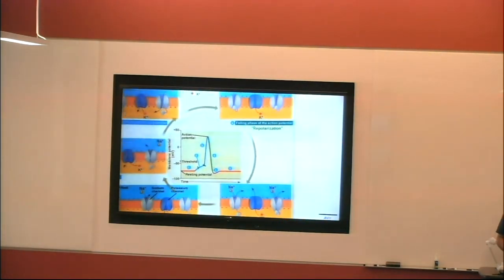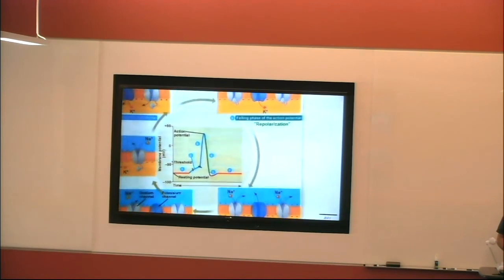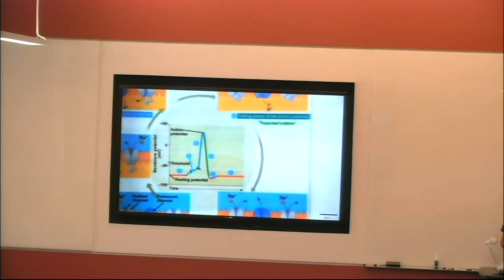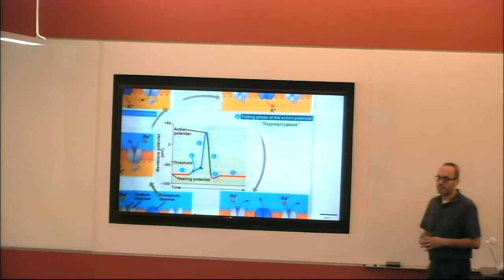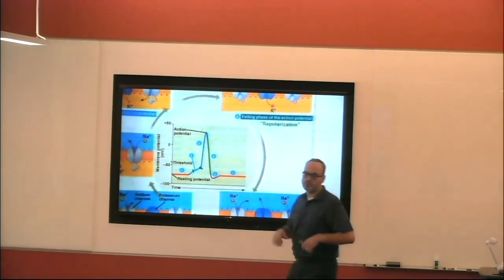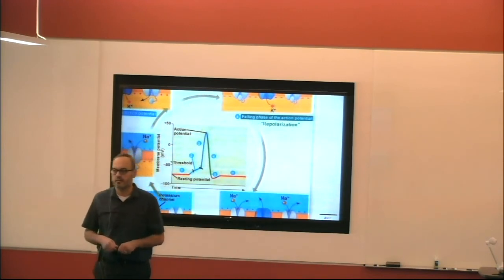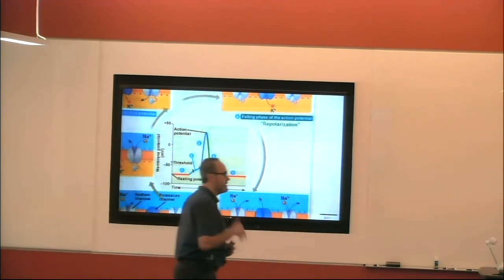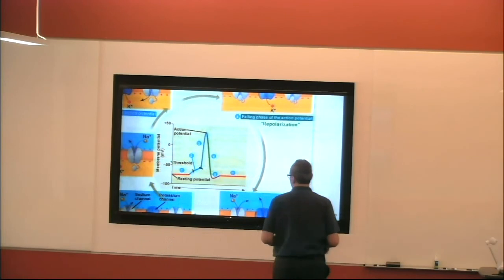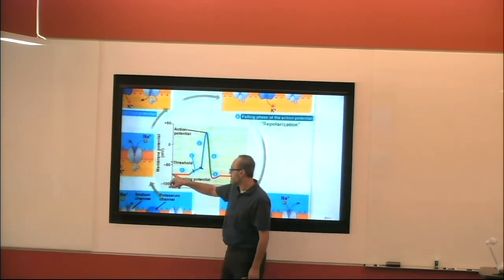So this shows the action potential, basically the difference in charge across the membrane, inside and outside. Which side is positive, and which side is negative? Outside positive, inside negative. In the resting potential, we have minus 90.